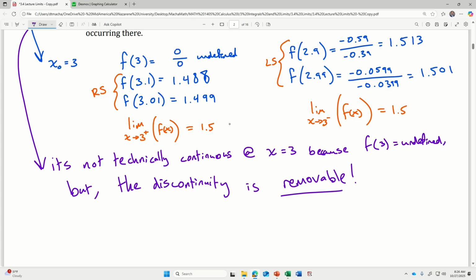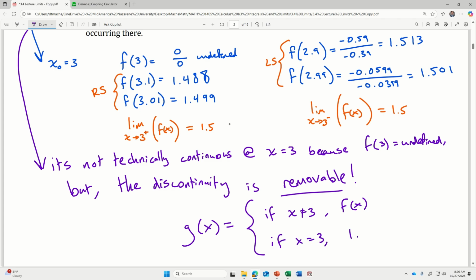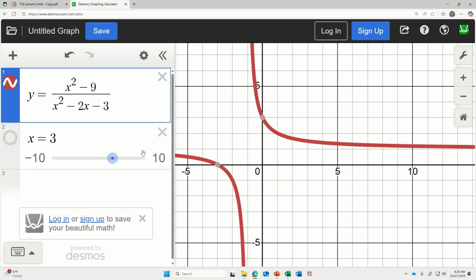All we would have to do is say, okay, here's a new function, and if x is not 3, use the function we're talking about, and if x is equal to 3, give the value 1.5, right? That would be a nice continuous function.